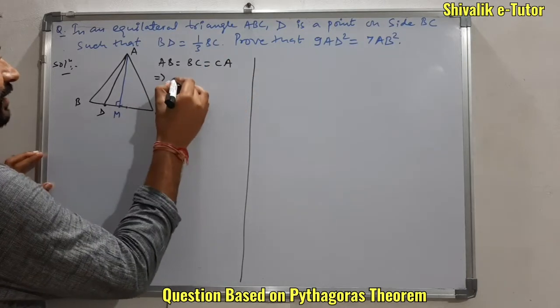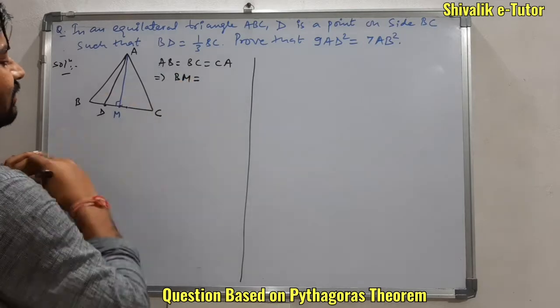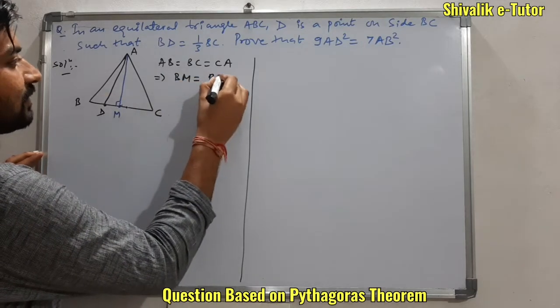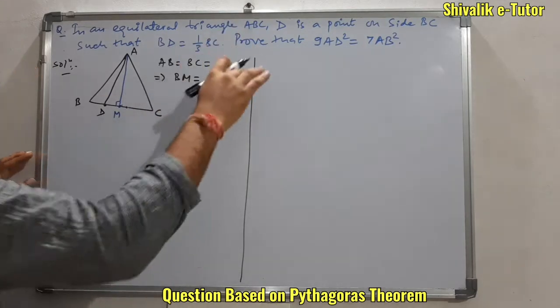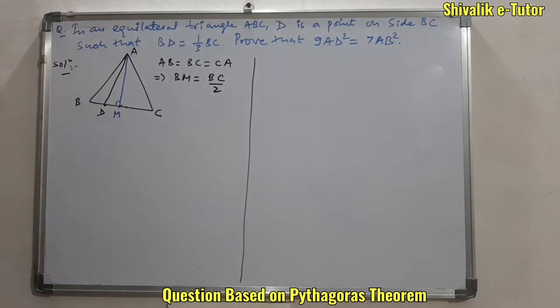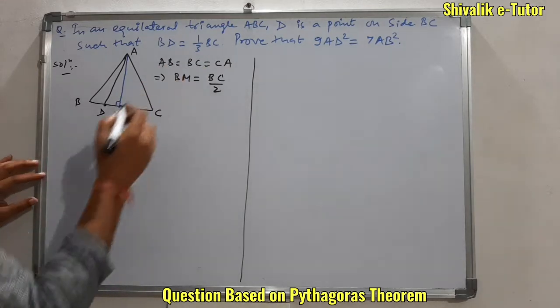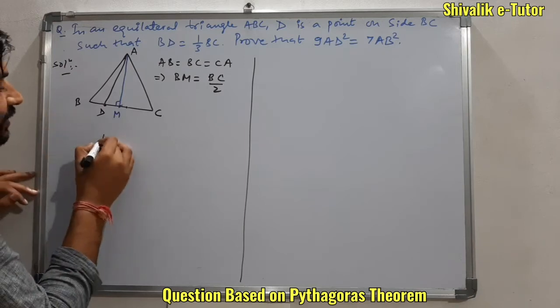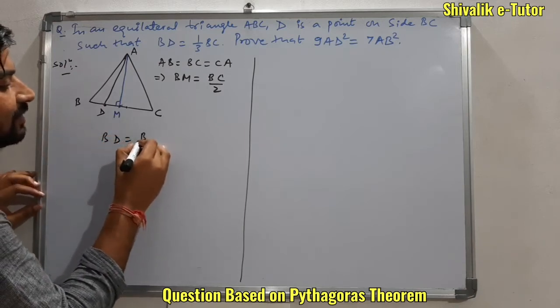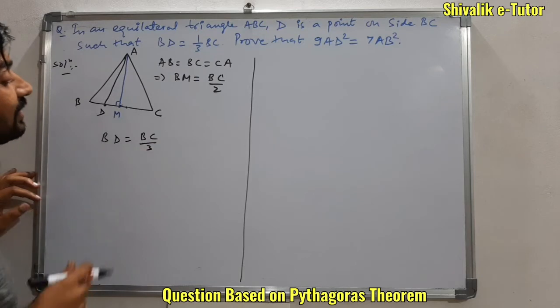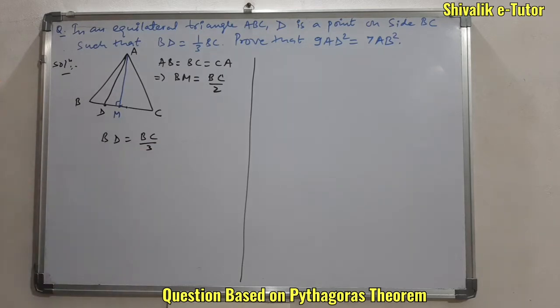Second thing, here BM is nothing but BC by 2, or we can say all the sides divided by 2. Third thing, we have a very important relation, that is BD is BC by 3 here. BD is BC by 3.